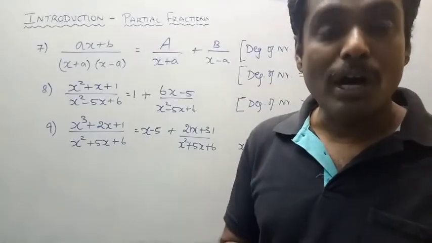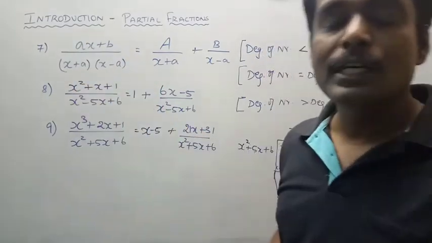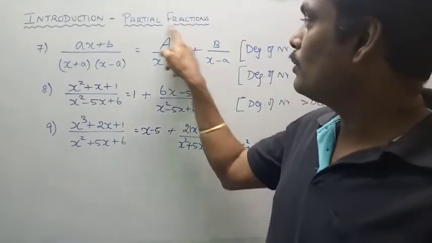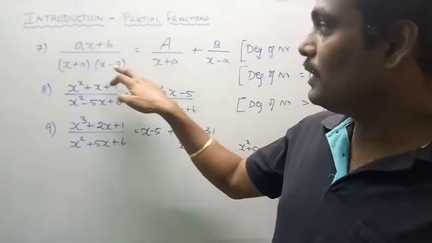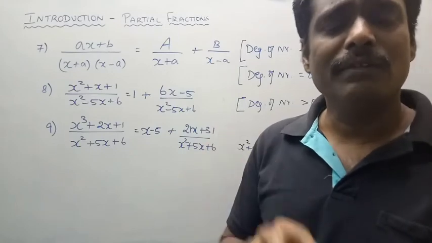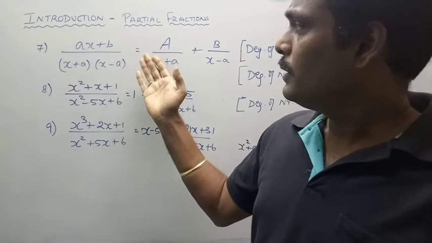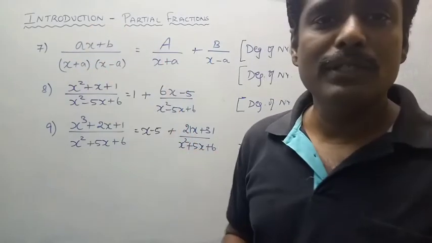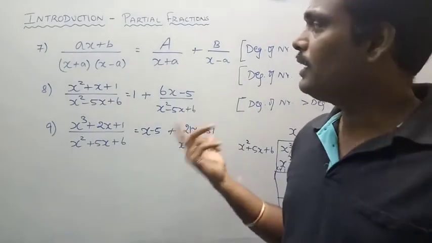Mainly you should know how to integrate also. In case of integrating a fraction like this, you cannot do it directly. You want to apply partial fraction. Don't think partial fraction is just splitting a fraction. Why are we splitting? In differential or integral calculus, if we consider something like this, you cannot calculate. You want to split like this, then you can integrate or differentiate.